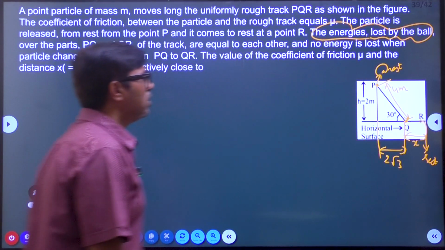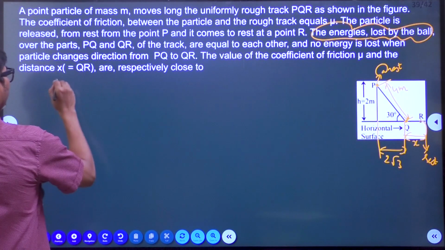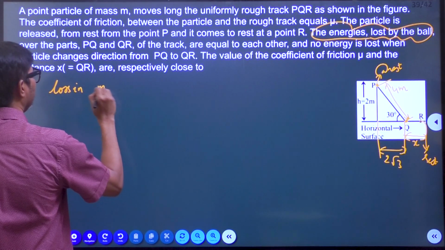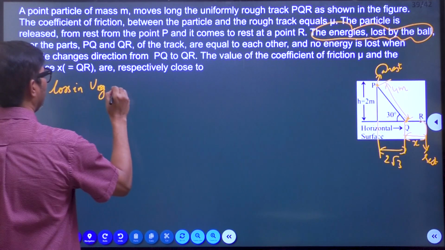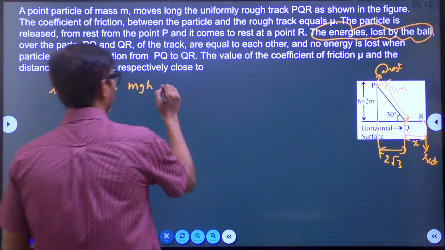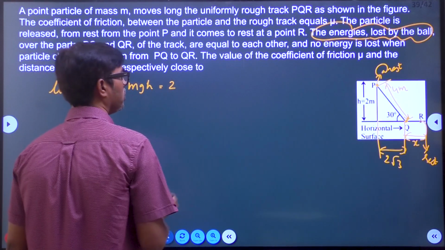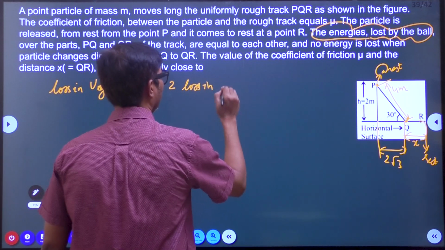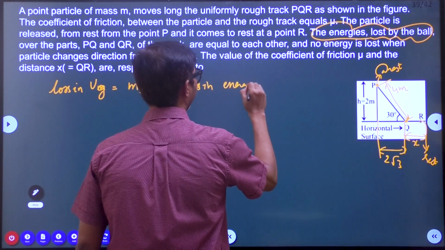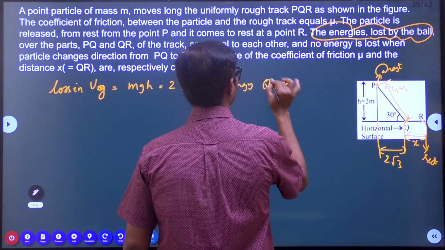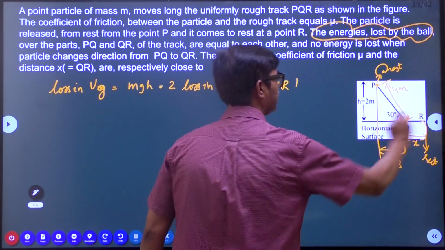Very good. Now, the loss in gravitational potential energy, that is mg into h. That will be equal to 2 times the loss in energy from Q to R. We can write this now, because they said 50%, 50% here, 50% here.